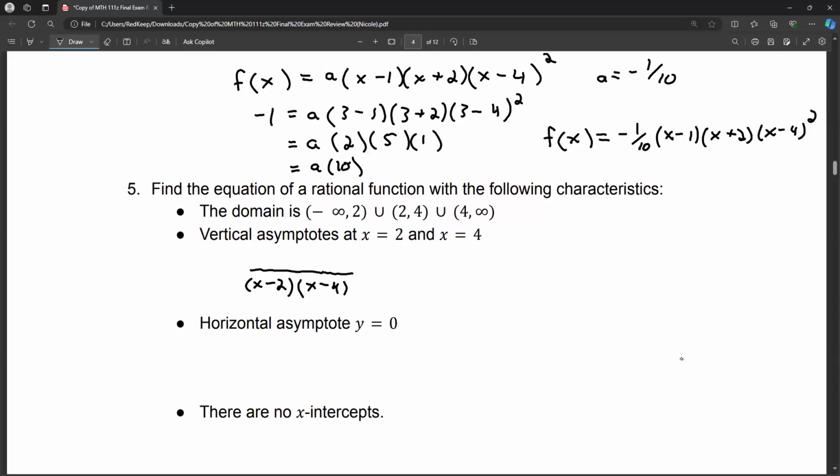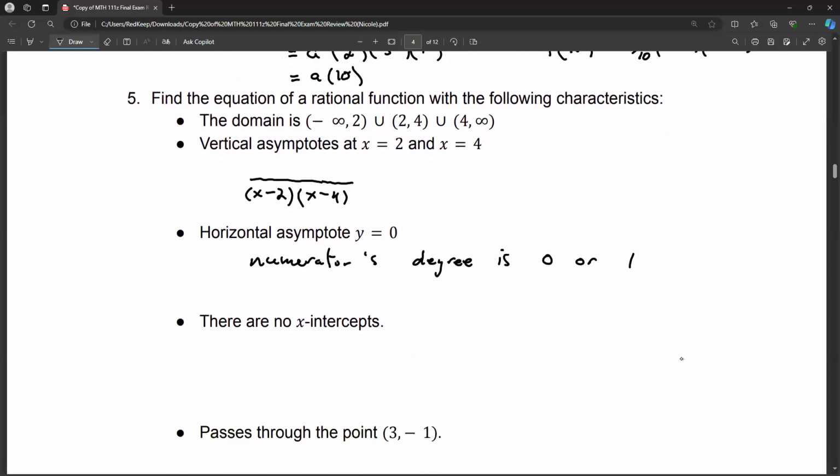Thus, the numerator's degree is going to be either 0 or 1. So maybe I'll write down numerator's degree must be less than 2, right? So it's either 0 or 1.